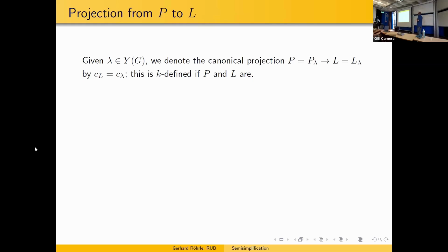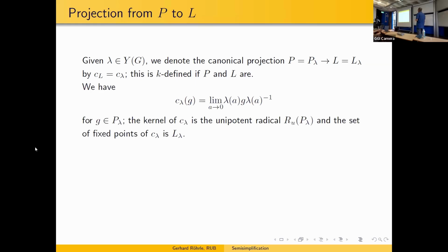So if I have such a co-character, I can look at the canonical quotient into the Levi, and that's nothing else but take the limit. Okay, look at the limit. So they're called this map c lambda or c_L. I abbreviate that. It's just mapping this into the quotient, and then the kernel is simply this normal subgroup, the unipotent radical. But this is how you see this on the level of this.